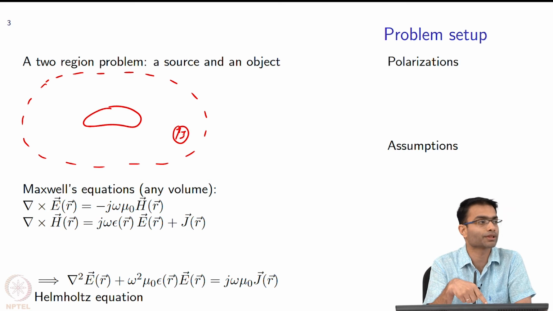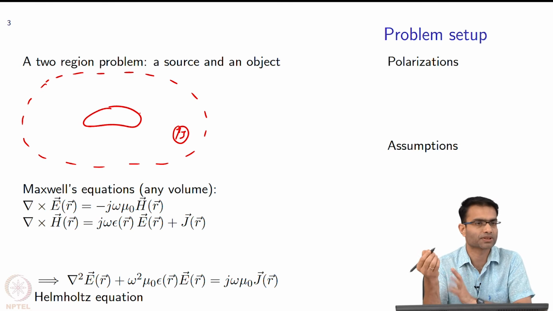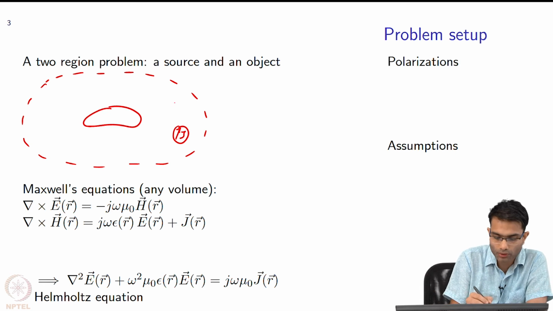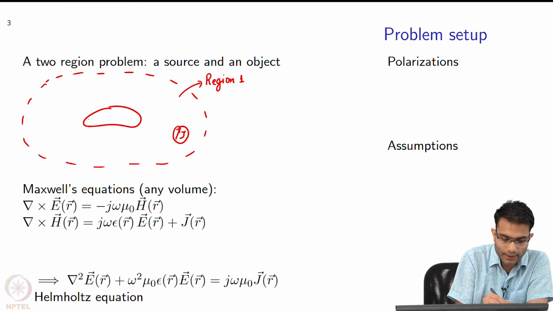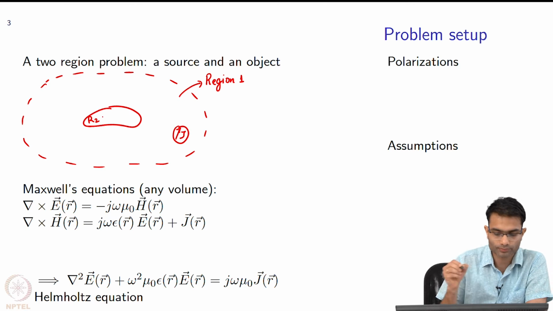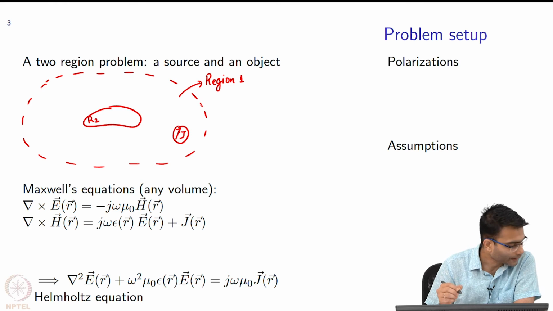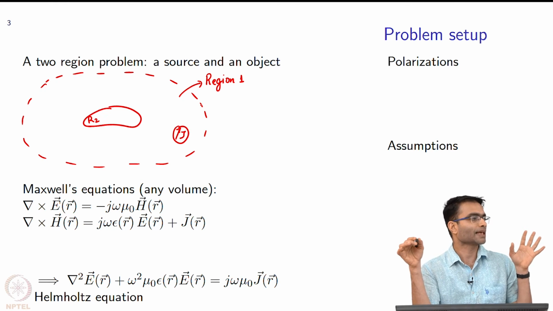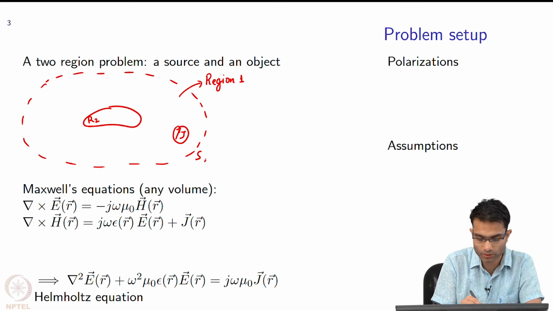J is the location of the mobile tower, and this object inside is some obstacle, could be anything, okay. And so I will call this region 1, okay, and this is region 2, okay. This dotted line that I have drawn over here is the outermost boundary, which does not really exist. I mean it is far away. So let us just call it S infinity.